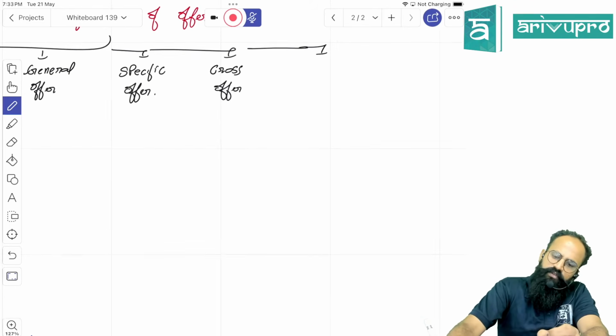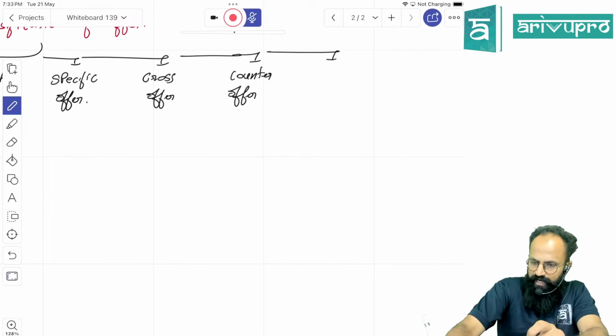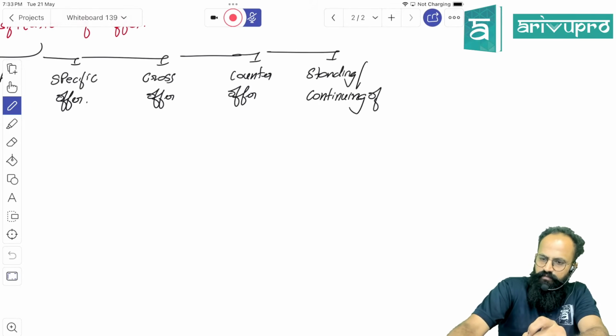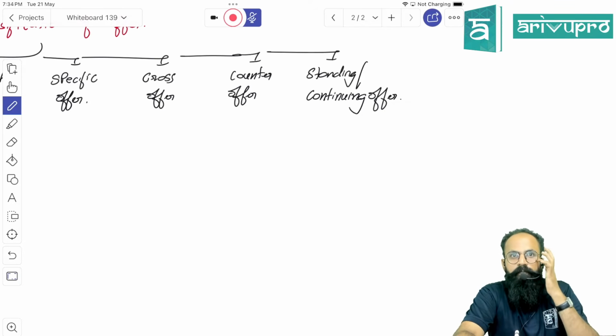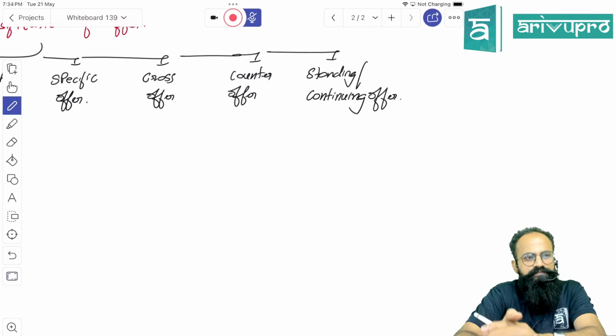The fifth one is counter offer. Sixth one is standing or continuing offer.